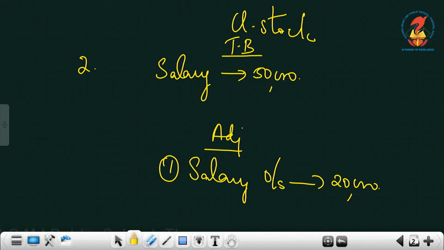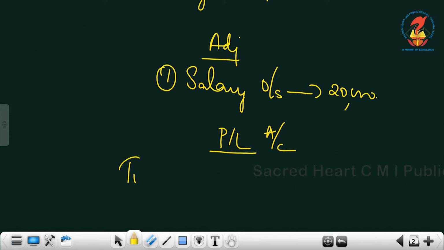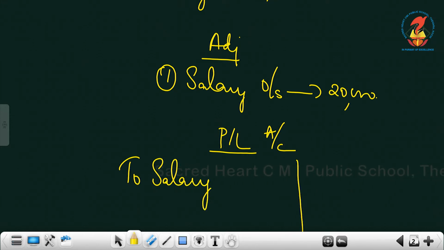First we will see salary 50,000. Should we record it 2 times or twice? No need, because it's not an adjustment. So see the basic nature of the item. Salary is an indirect expense, and usually we'll be recording salary in the P&L account. Since it is an indirect expense, it will be recorded on the debit side of P&L.